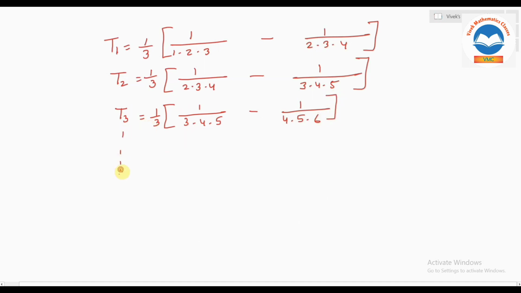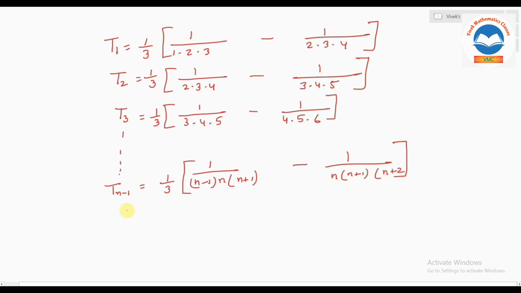Okay. Similarly, if you write Tn minus 1, the second last term, it will be 1 by 3, and in place of n you write n minus 1. So you will get 1 by n minus 1, n and n plus 1 minus 1 by n, n plus 1 and n plus 2.